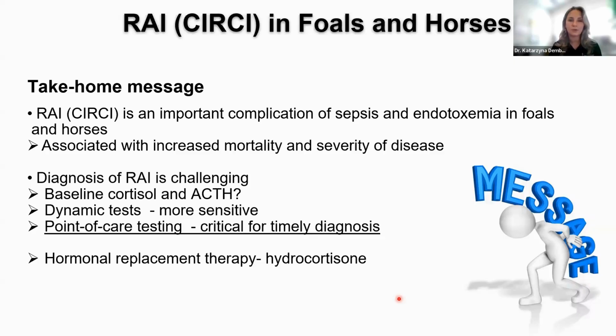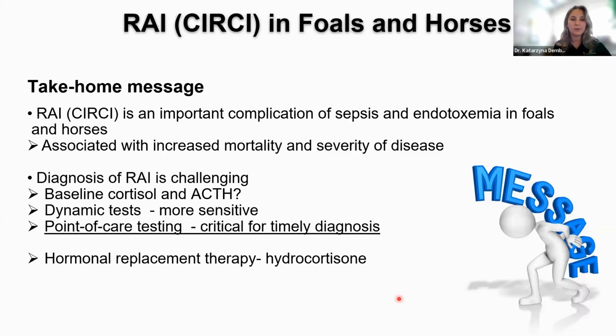Because that can improve the outcome in foals and horses. Diagnosis of CIRCI is challenging. So we have some options, and now we have some point-of-care assays available, which are critical for the timely diagnosis and management of those very sick foals and horses.